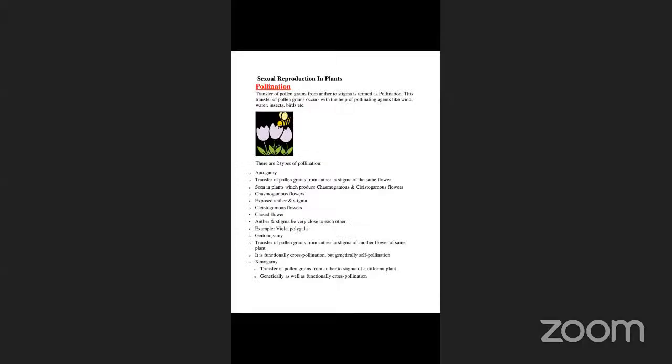Embryo sac development and the structure of the embryo sac, and development of the tetrasporic embryo sac.